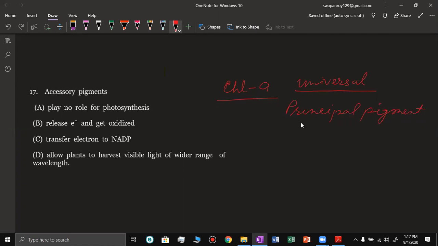Because this chlorophyll A molecule carries out this light reaction. All right, chlorophyll A molecule, photochemical reaction.